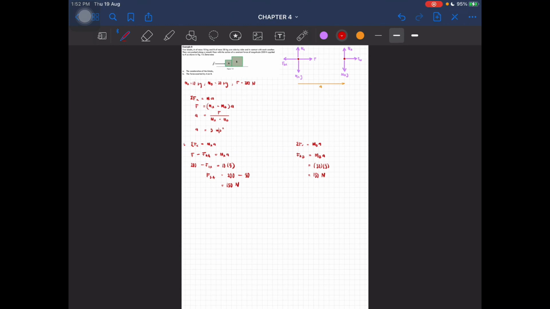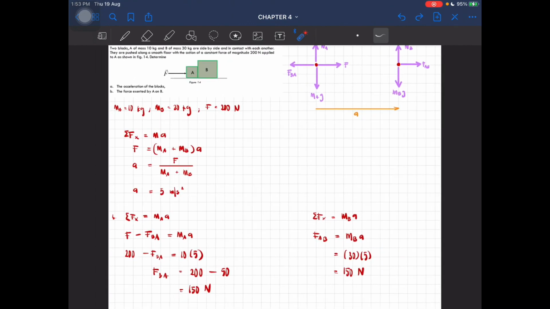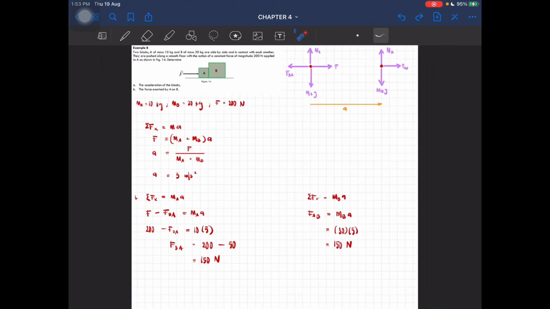See? The answer is the same, right? 150 and 150. So they are equal in magnitude, just the direction is opposite. Okay? So that is our final example for chapter 4.